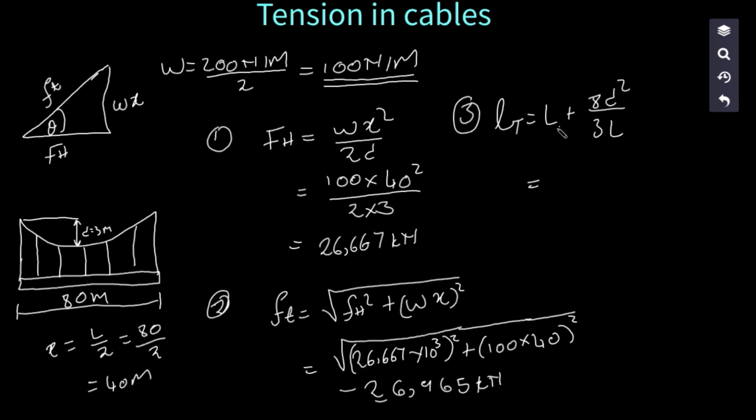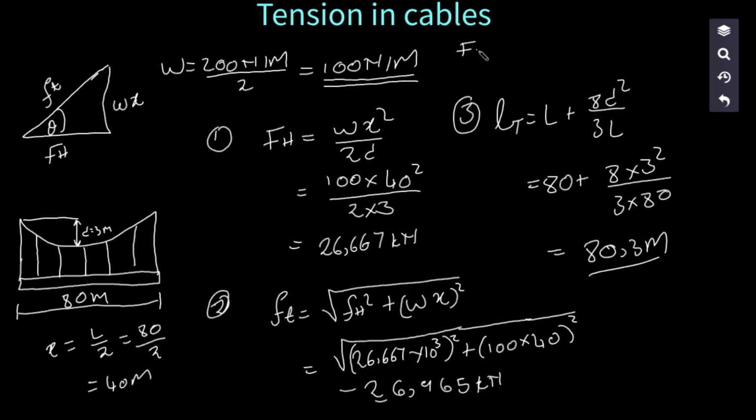And our L here is going to be 80 plus 8 D squared, our D, which is the sag, is 3 squared divided by 3 times 80, which is going to give us 80.3 meters. Let me write these values here because I have to erase.